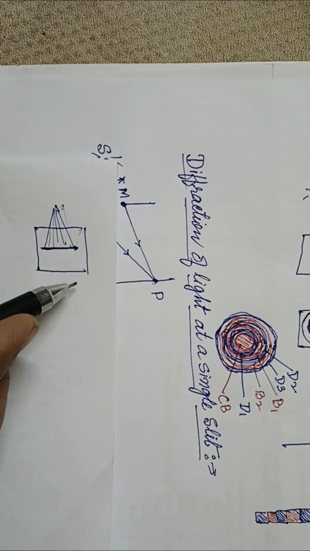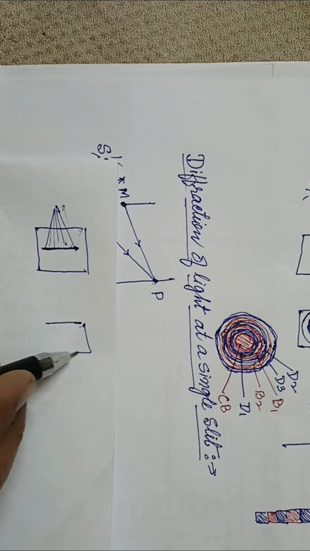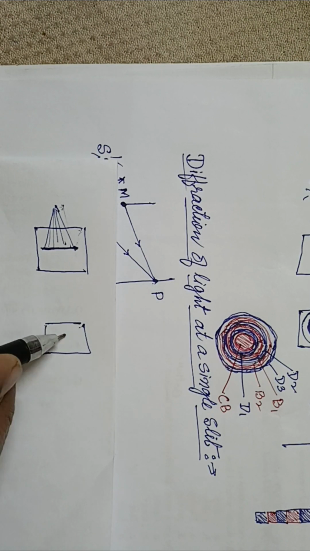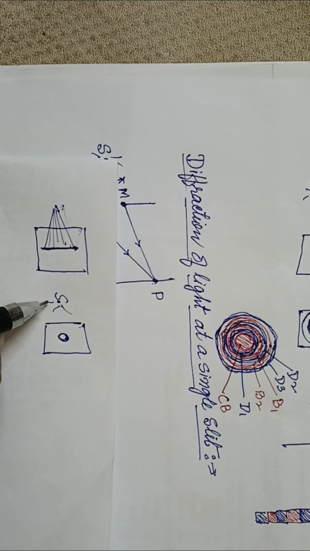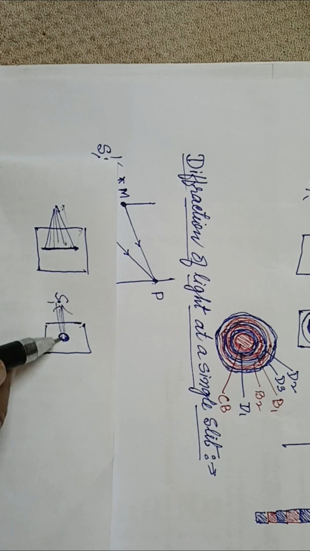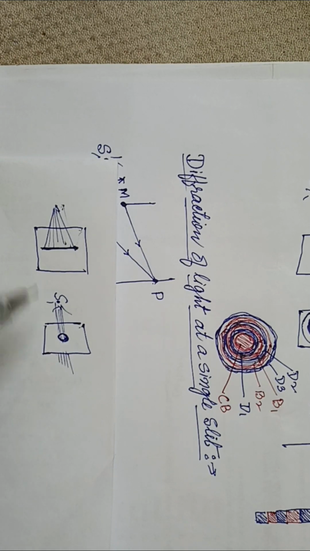And aperture means when we make a small hole, and the light passes out through that, then it is the aperture. Clear? That is the difference. The slit is a vertical straight cut.